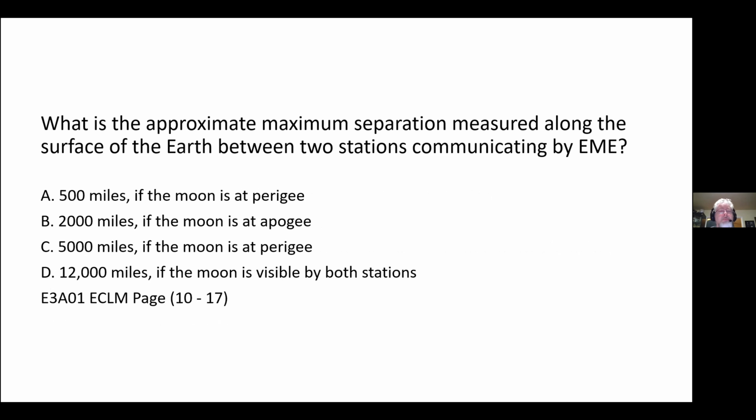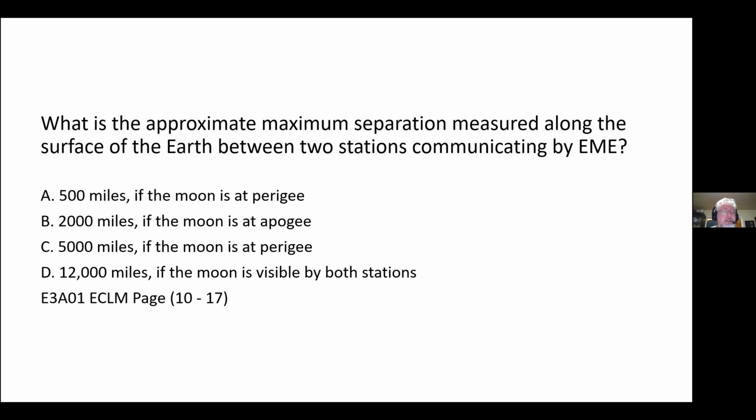What is the approximate maximum separation measured along the surface of the Earth between two stations communicating by EME? A, 500 miles if the moon is at perigee. B, 2,000 miles if the moon is at apogee.